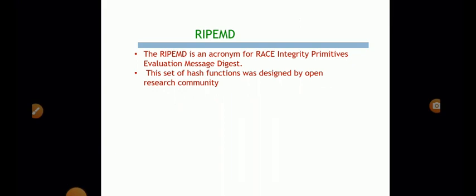And next is RIPEMD, an acronym of RACE Integrity Primitives Evaluation Message Digest. This is a set of hash functions designed by the open research community. And the last one is the Whirlpool algorithm, which gives you a 512-bit hash. It is derived from a modified version of the Advanced Encryption Standard, AES.